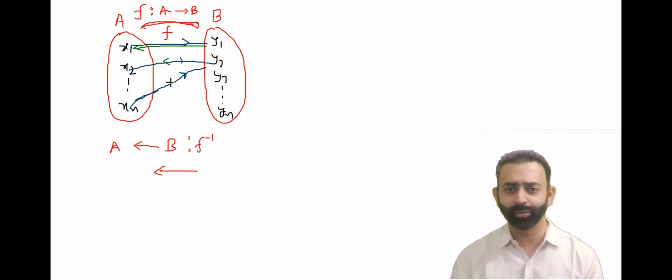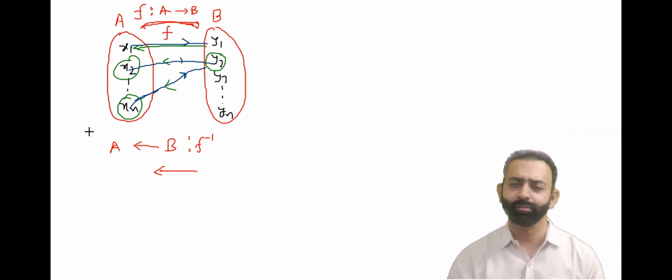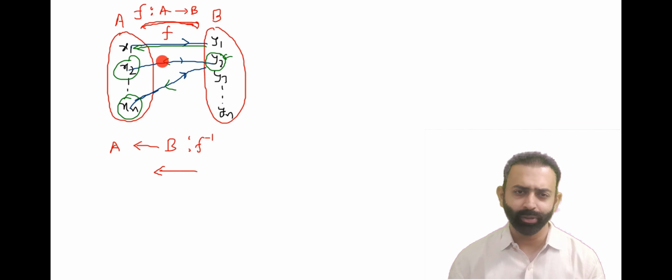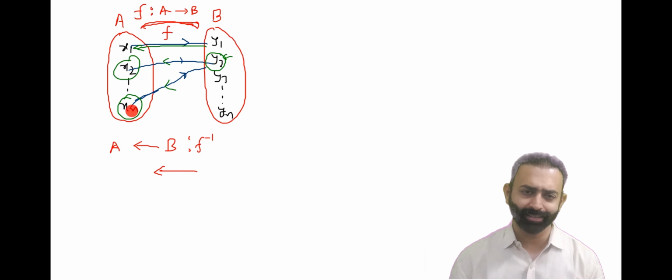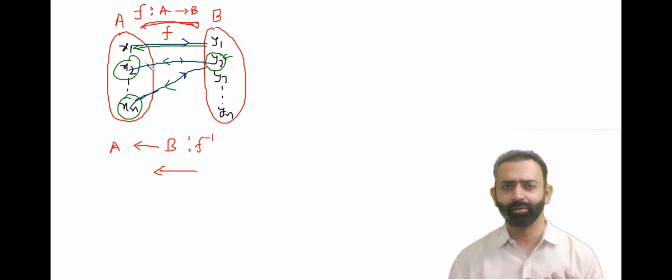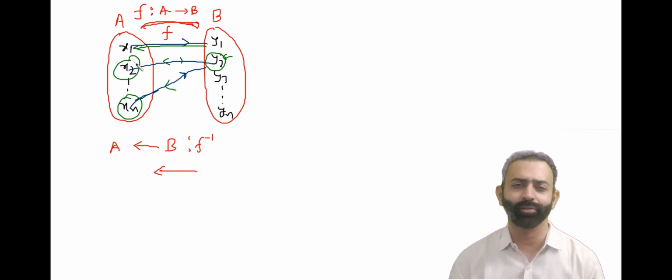But in this particular mapping diagram, you can see that this element y2 is mapped to two outputs, x2 and xn. I am talking about the reverse mapping. I'm again repeating that for the case of the inverse function, this y2 is mapped to x2 and also to xn. Just concentrate on this green mapping from B to A. And as we know, if we are calling it an inverse function, it should also satisfy the definition of a function.